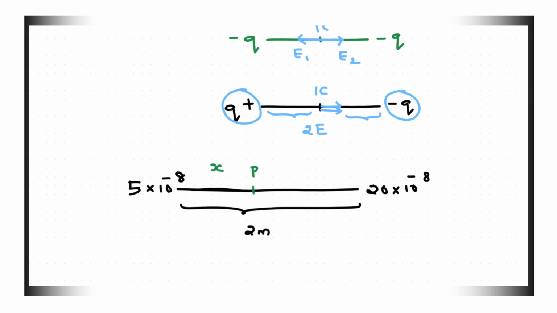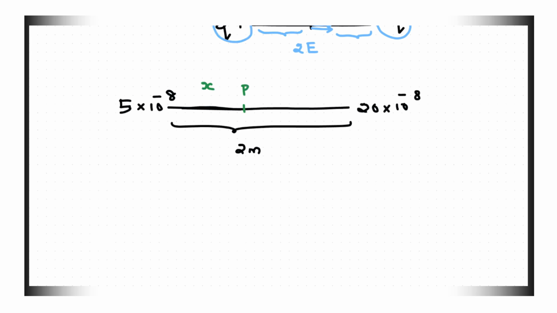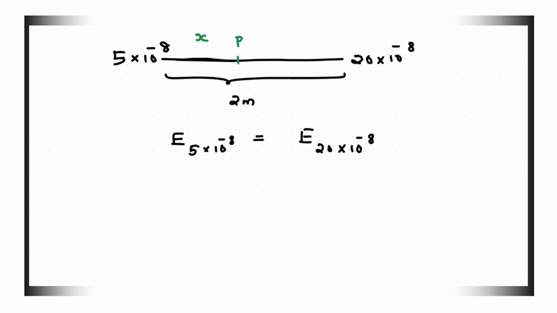So the field due to the first charge, 5 into 10 raised to minus 8, should be equal to the field due to 20 into 10 raised to minus 8, because field is a vector quantity. So direction matters, and we cannot simply add and write it as 0.